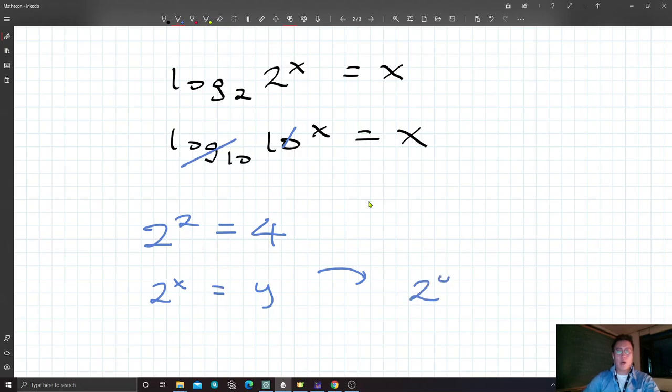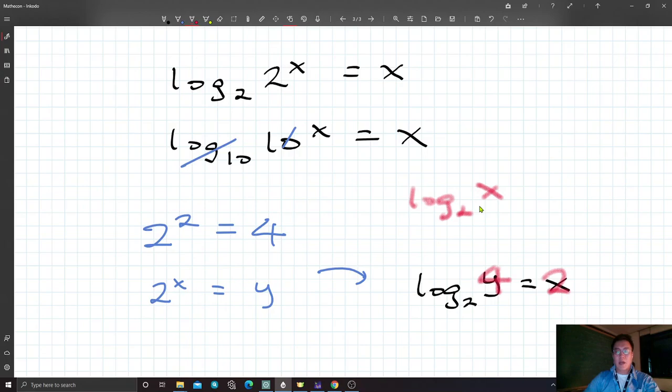So in the inverse function, we have log with the base 2 of y is equal to x. In this example, y is 4 and x is 2. So y is 4, x is 2.